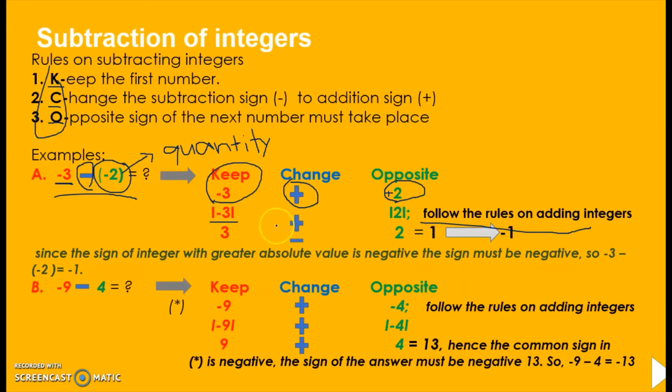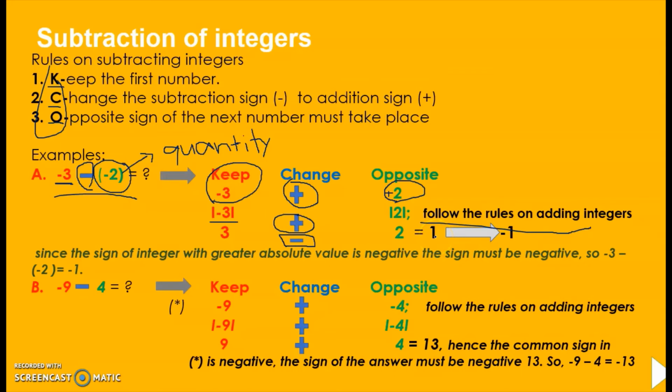And it says on the adding rule of integers, the plus sign must be rewritten or changed into a subtraction sign. Instead of adding, we're going to subtract. And the absolute value of 2 is 2. So it's just the same as the rules on adding integers. So 3 minus 2 became 1.